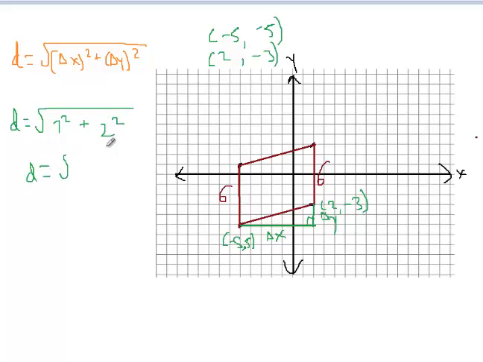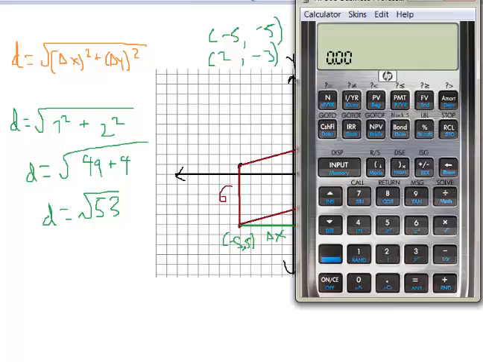So our distance equals the square root of 49 plus 4, which is the square root of 53. Now, the square root of 53 is about 7.2 or so. We can figure it out. We can put this over here.